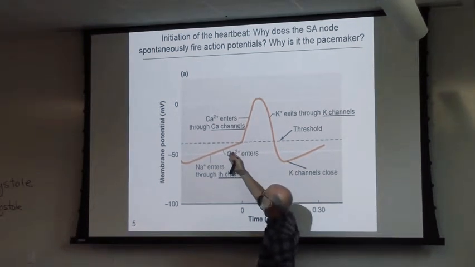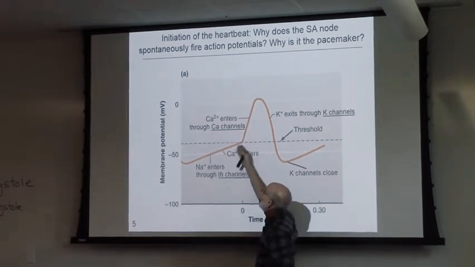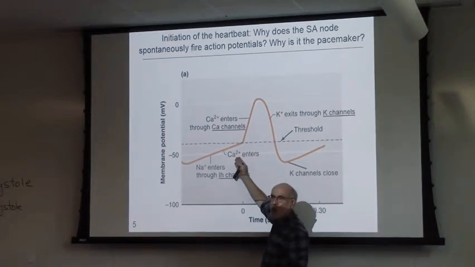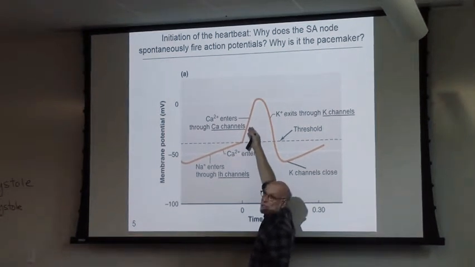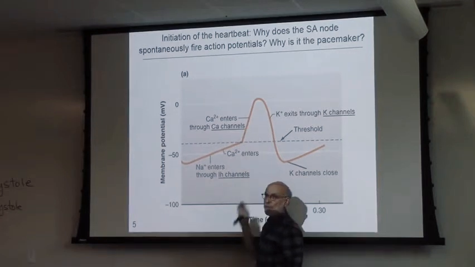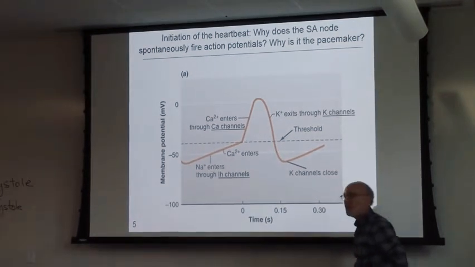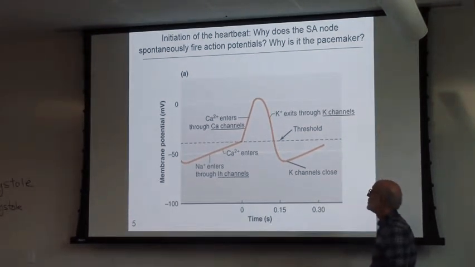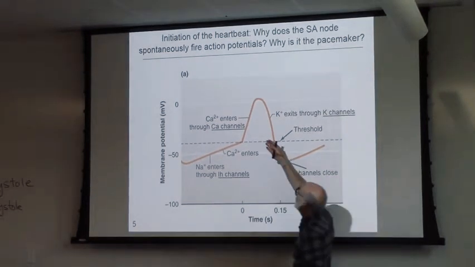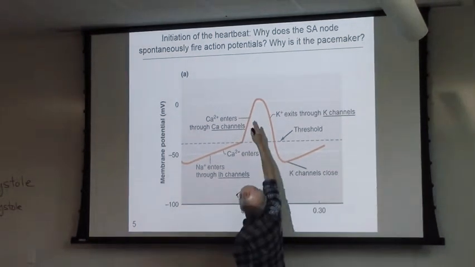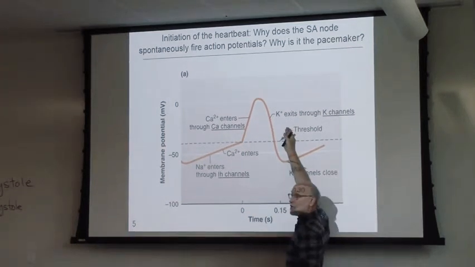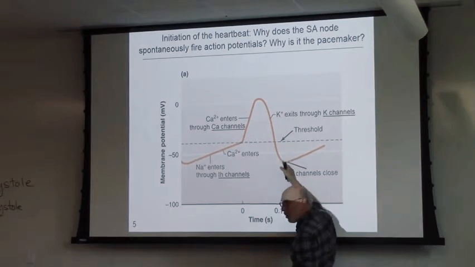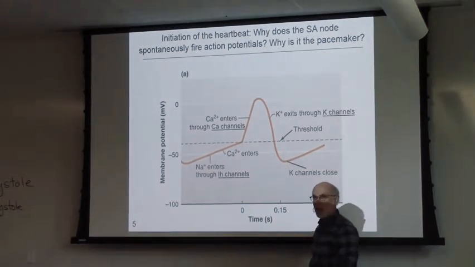So why is this slow and this fast? We've reached threshold. This is a few calcium channels open, and this is a lot of calcium channels open. Calcium is flowing in, depolarization activates voltage-gated potassium channels, potassium flows out, repolarization, over and over again.